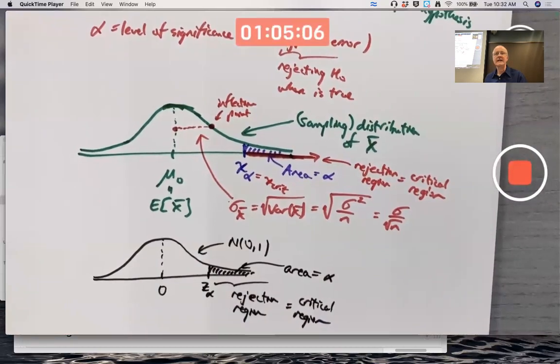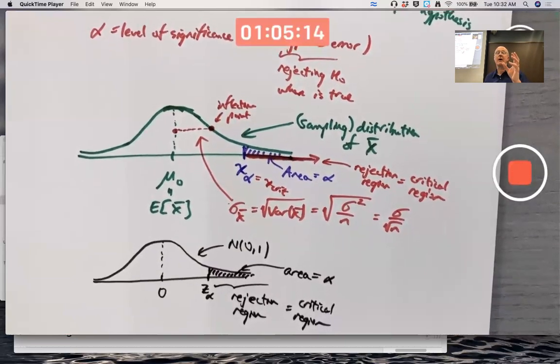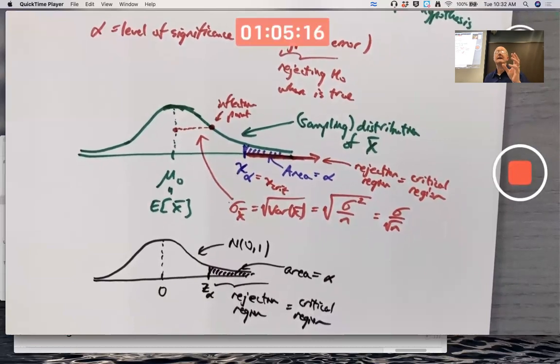And how do you convert to Z here? As always, take your variable or your data value, your observed value of X bar, I should say, if you have data. Subtract the mean of the distribution, which is assumed in the null hypothesis, and divide by the standard deviation of the distribution.